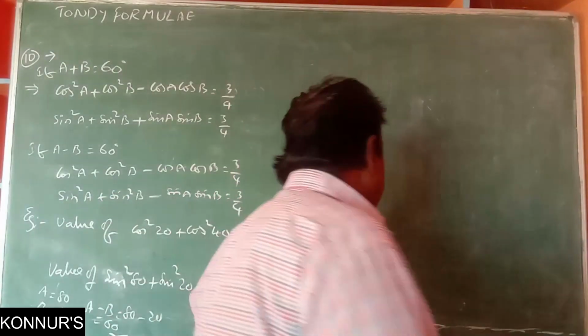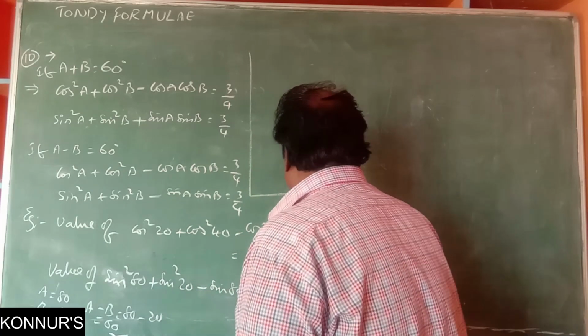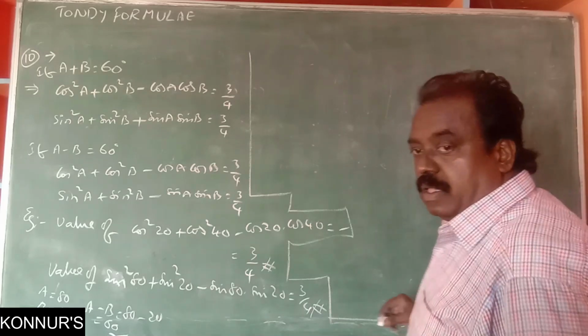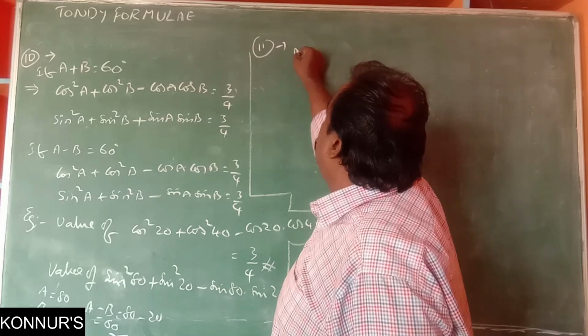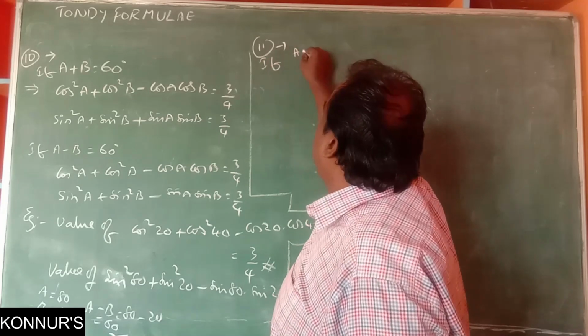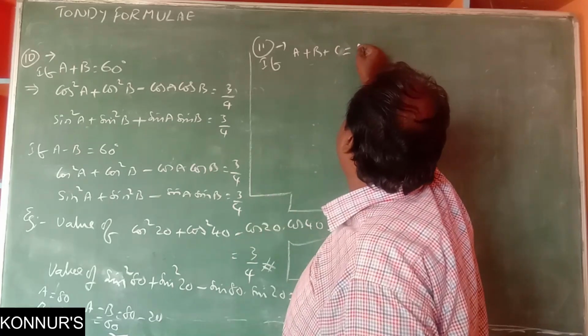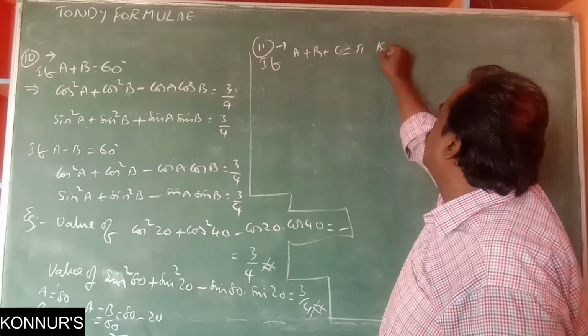Okay. I want to tell one more thing. Observe. The last one. If A plus B plus C is equal to pi, pi means 180 degrees.